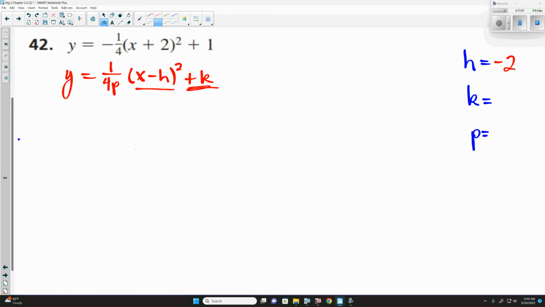K would be 1, positive 1. Because luckily, if it's outside the parentheses, it's exactly like we see it. So our 1 over 4p is equal to -1/4. Yes?